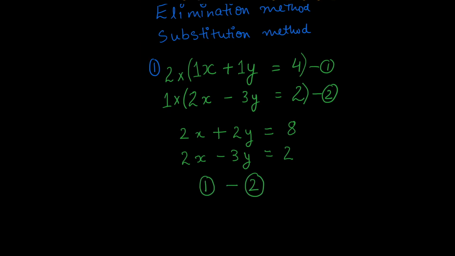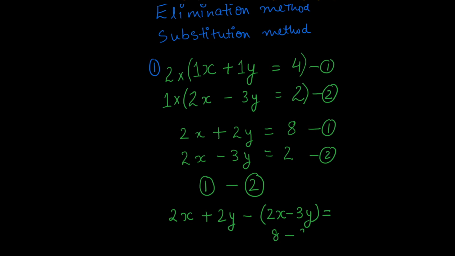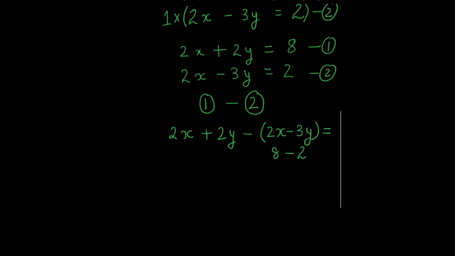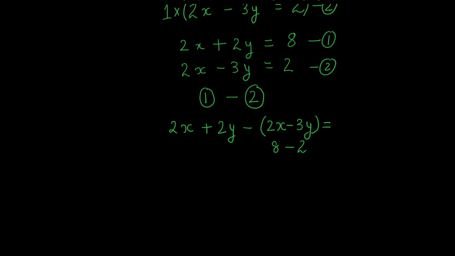So simply we are subtracting these two equations. So this will become 2x plus 2y minus this whole term 2x minus 3y will be equal to 8 minus 2. So this negative sign will change both these terms.